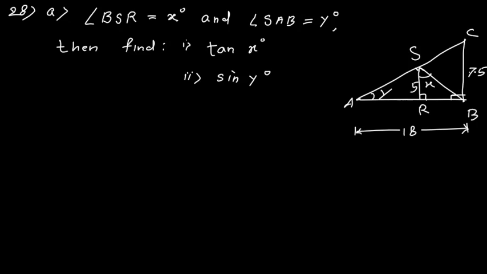So similarity criteria we can apply, or we can find the value of AR by using Pythagoras theorem also. Yes. So tan x is opposite upon adjacent, so this RB we have to find out. Okay, fine. In solution, let us try.